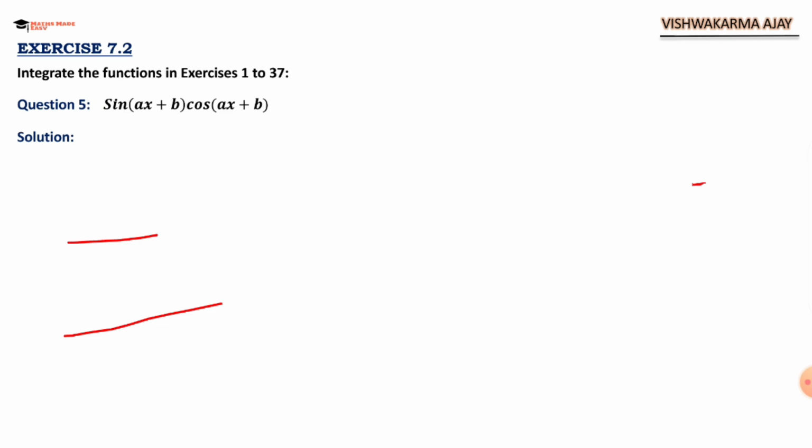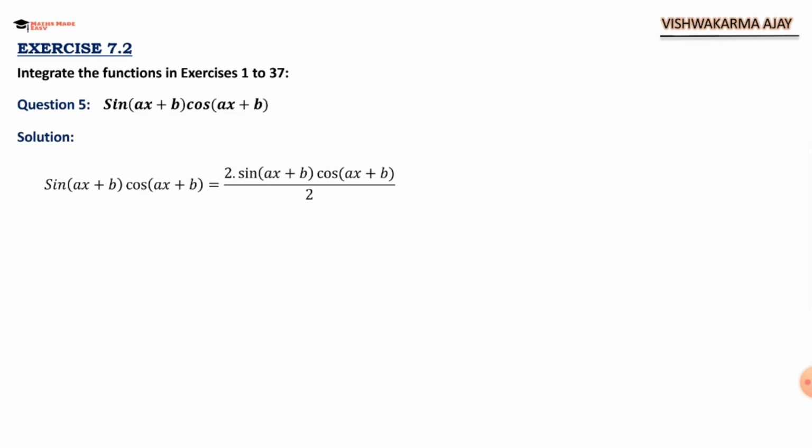Question number 5. Sin(ax plus b) cos(ax plus b). Now this looks a little tricky one because it is not direct substitution. We are going to adjust this question, so this becomes very simple for us. Let's start. Sin(ax plus b) cos(ax plus b).